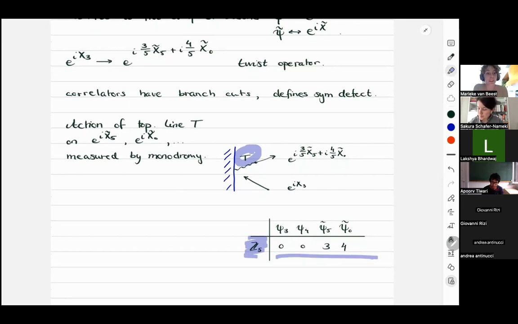So the left movers are completely uncharged. This is a chiral defect, only moving to the right, and it acts on the right movers with charges 3 and 4.